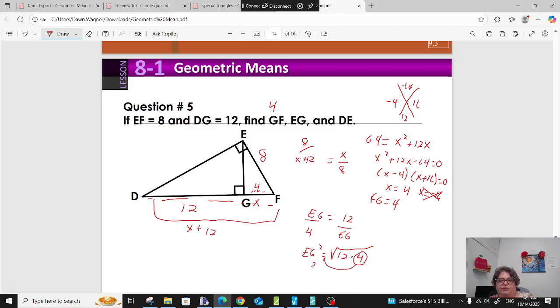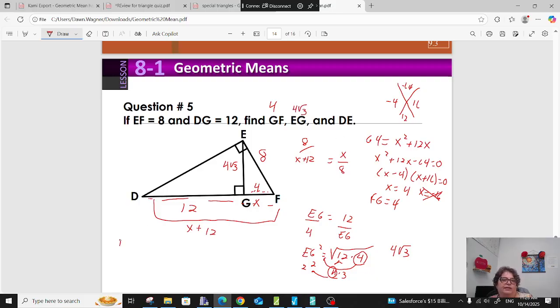That comes out as a 2. 12 is 4 times 3, so 4 comes out again as a 2. So you get 4 square root 3. And that is EG. So EG is 4 square root 3.